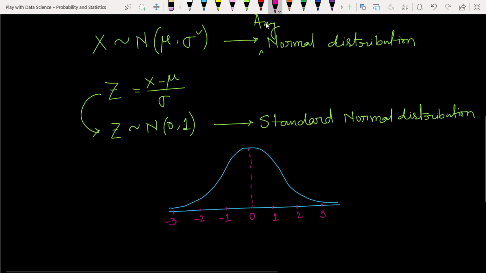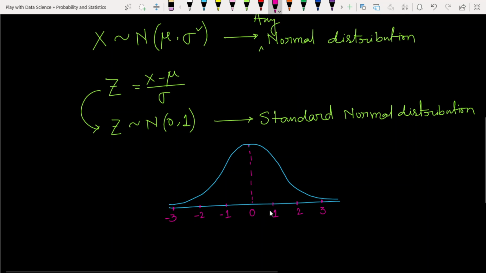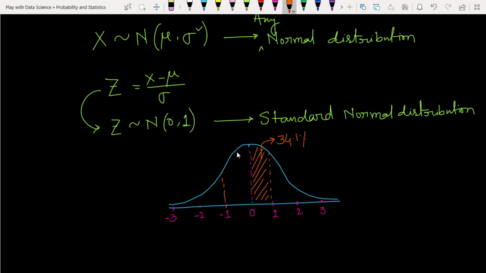Now if anyone gives these things, we can easily conclude that on the range of 0 to 1, how much data do we have on this range? We have 34.1% of the whole data set, and on this range also we have 34.1% of the data.